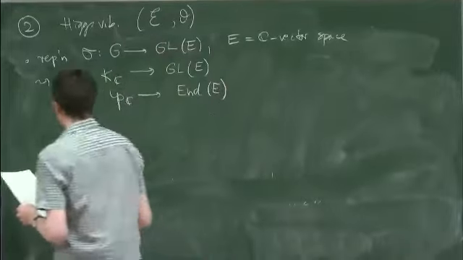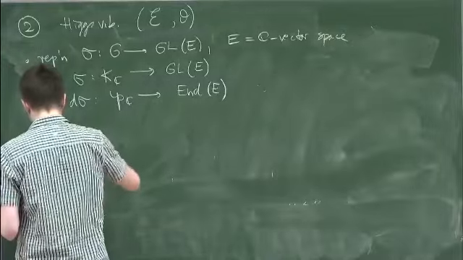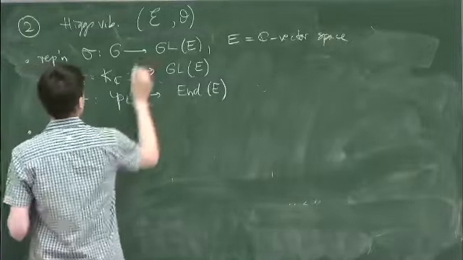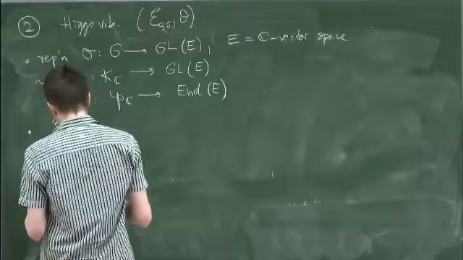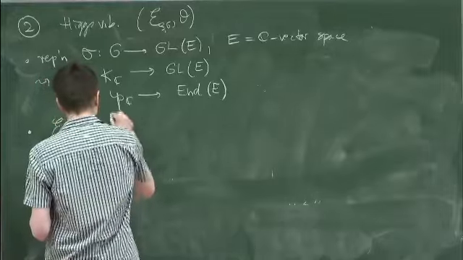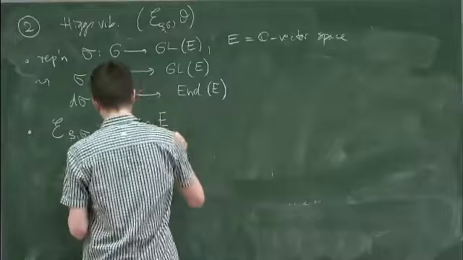And now we can define the desired bundle, which now depends on rho and on sigma. So we define it as the associated vector bundle, right, to this representation sigma.